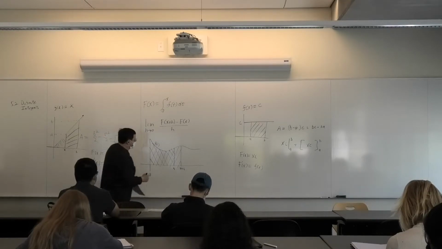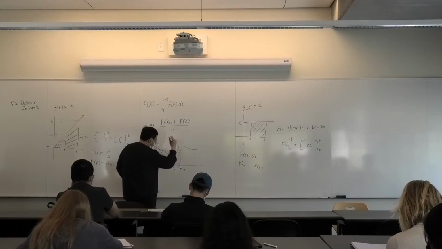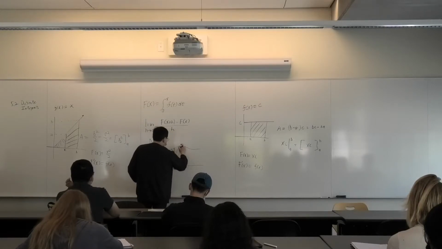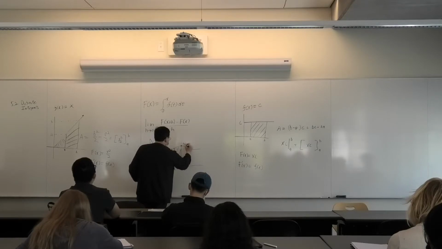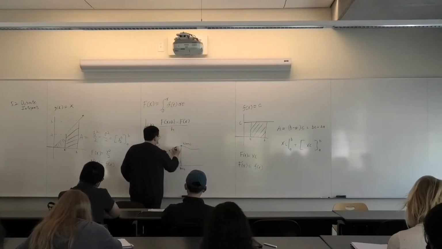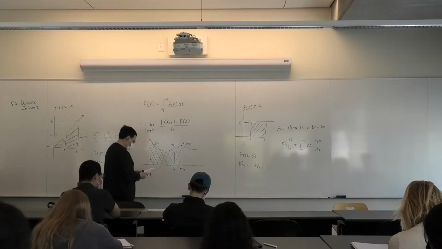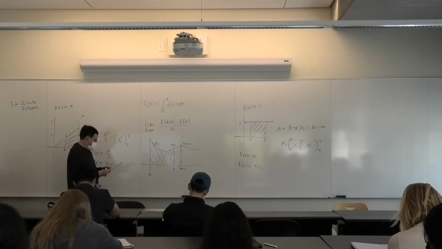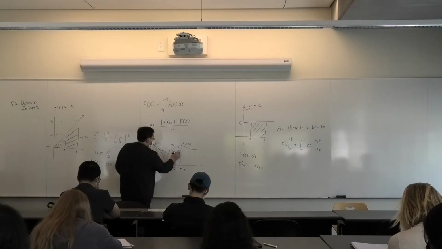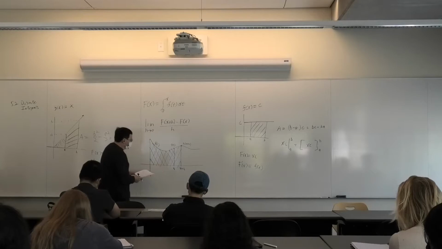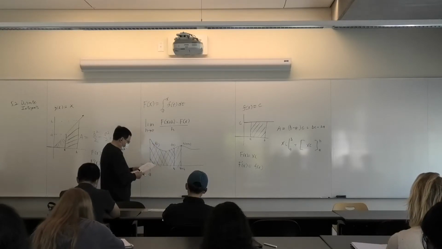Okay. Well, this point here is f of x plus h, and this point here is f of x. So this area is approximated by what?